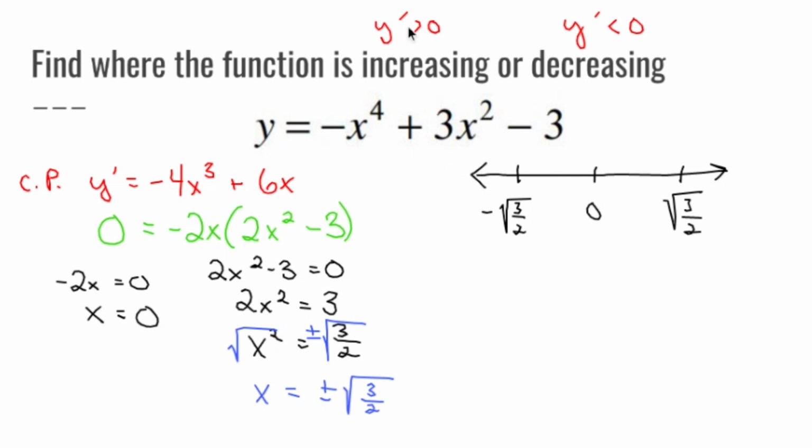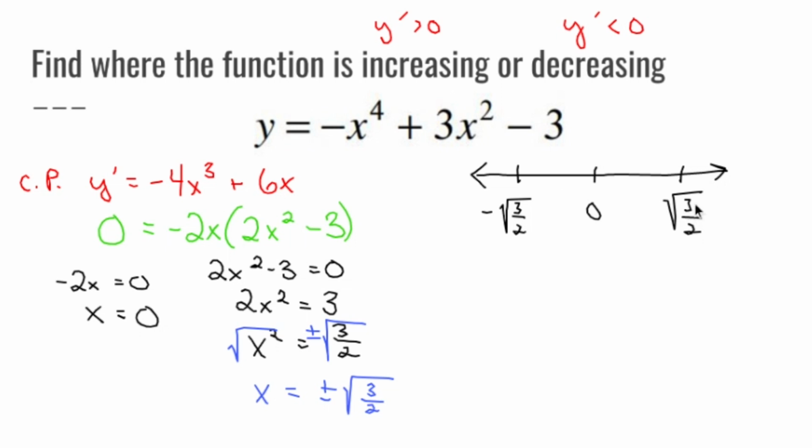If it's positive, everything in that interval is positive, or increasing. And if it's negative, decreasing. So I need to pick numbers that are not exactly these numbers. If you're wondering why I can't just pick these numbers, well, if I plug them into the derivative, I get 0, which defeats the purpose. The 0 tells me that's where a change probably occurs from increasing to decreasing.